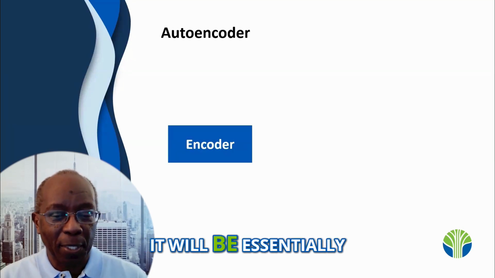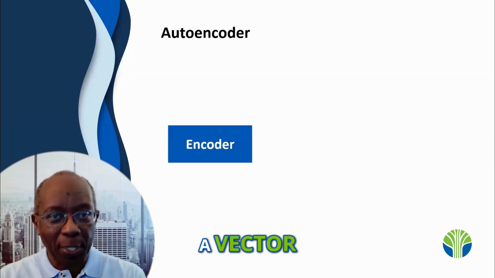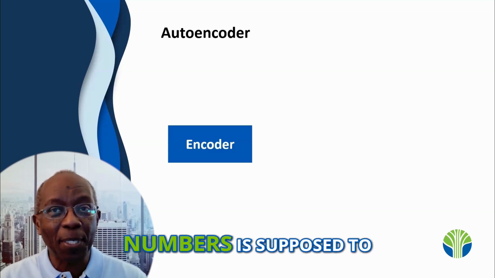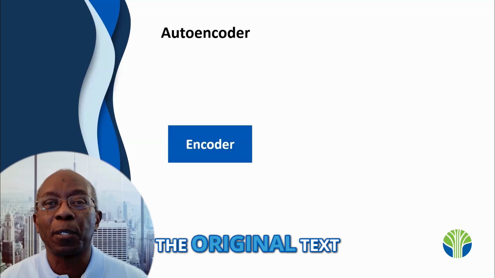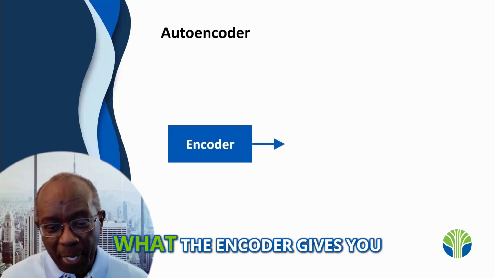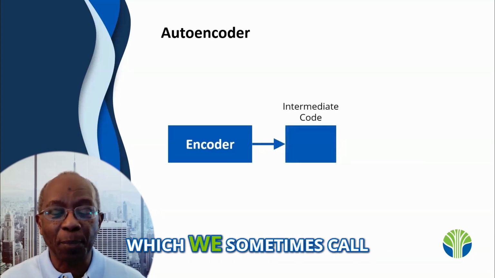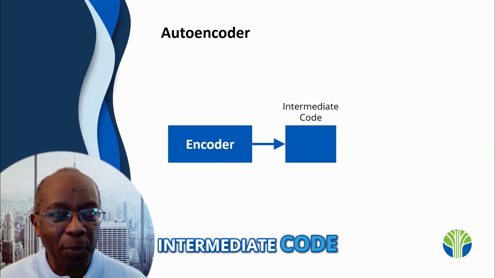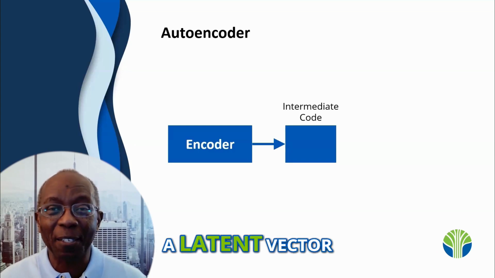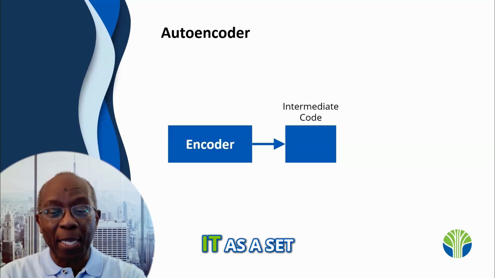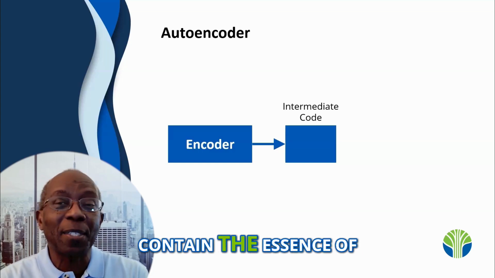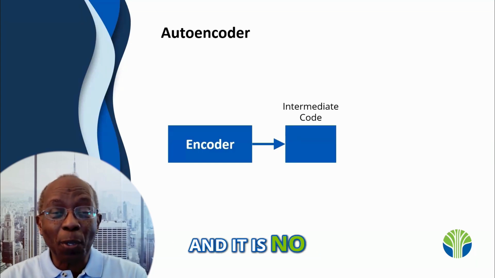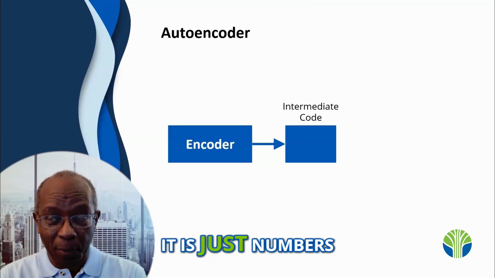It will be essentially a vector, a set of numbers, and that set of numbers is supposed to encode what was in the original text. So really, what the encoder gives you, which we sometimes call intermediate code, or you might have heard of it as a latent vector, you can think of as a set of numbers that actually contain the essence of what was said. And it is no longer in English, it is just numbers.